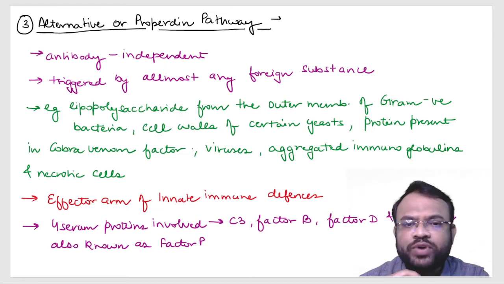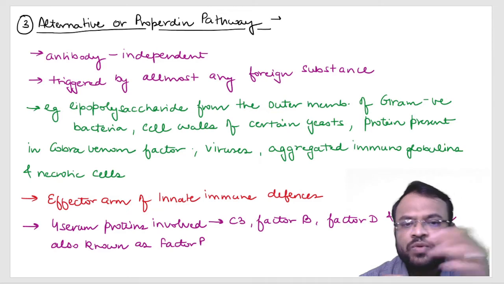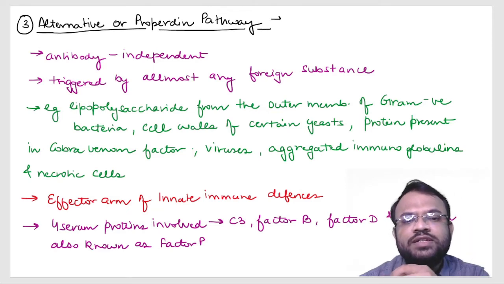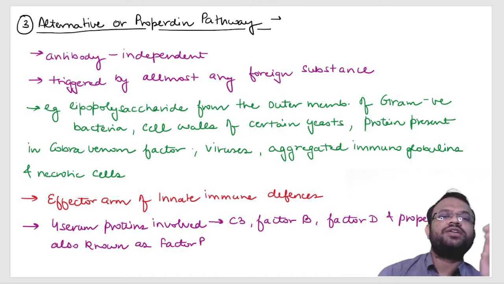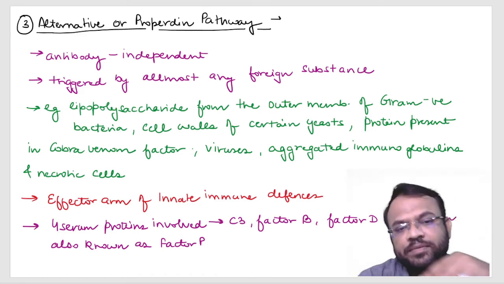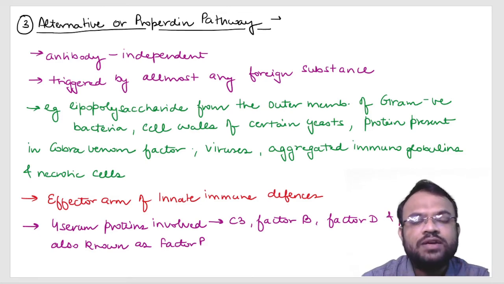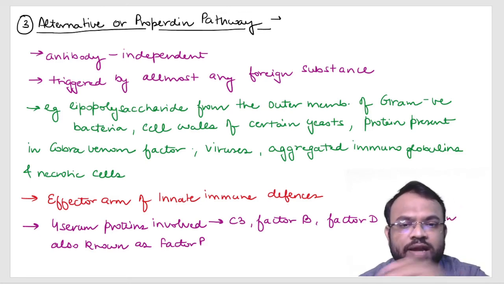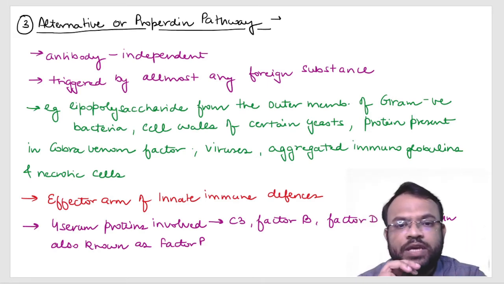Coming to the last point, four serum proteins are involved over here. What are the names of the serum proteins? C3, factor B, factor D and properdin. This properdin is also called factor P. You can see it in the last line.